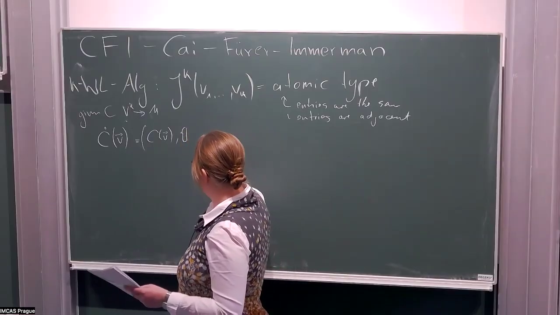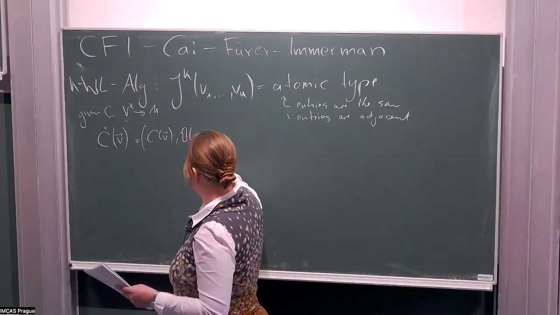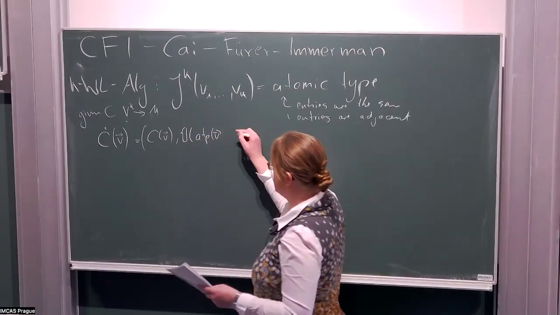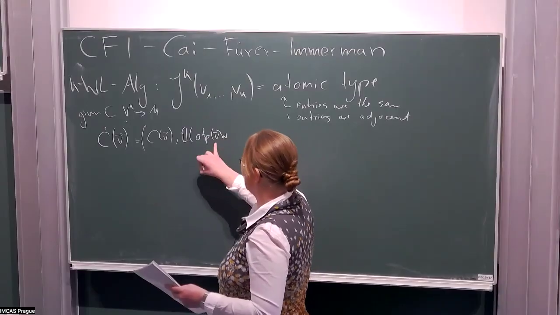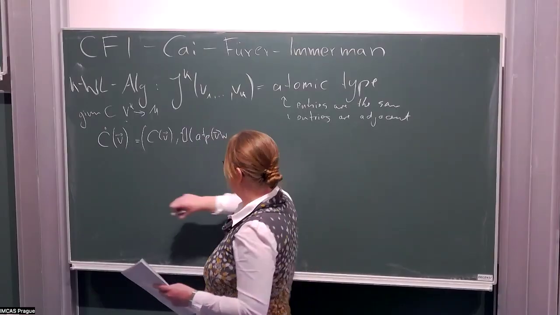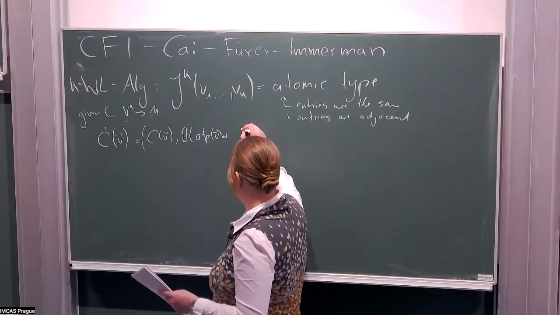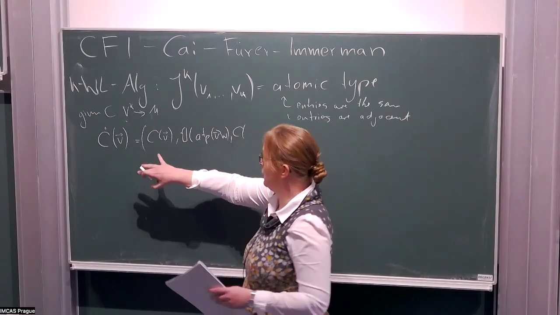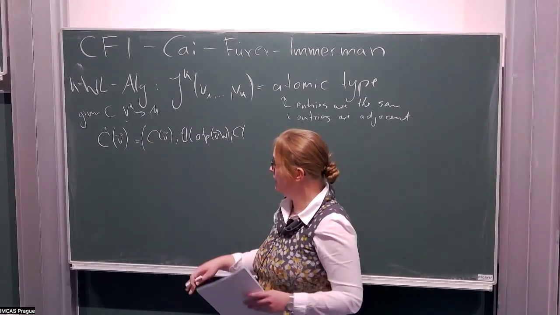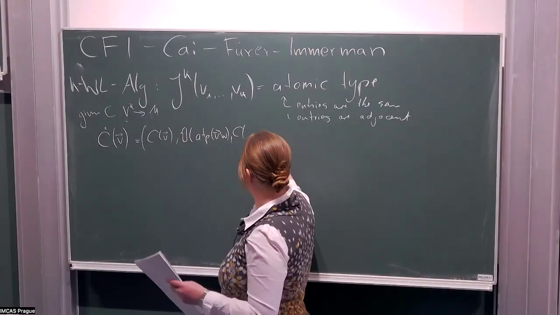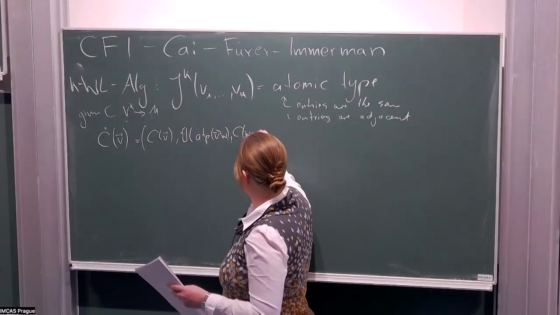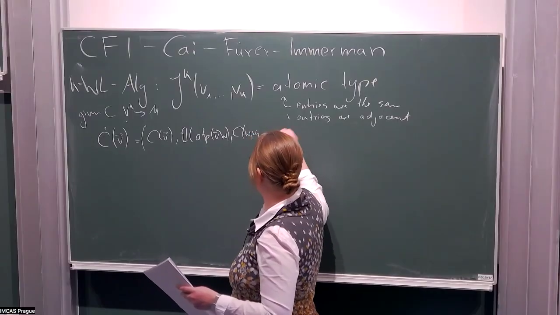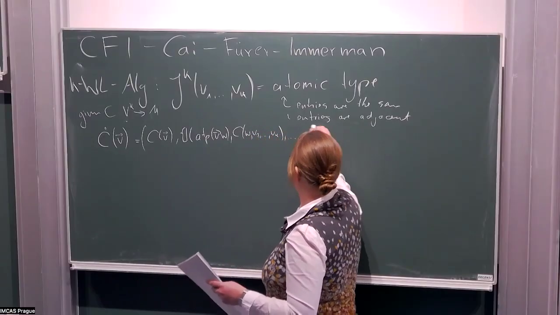This would be first the atomic type if we append some vertex W to the tuple v. And then we record all the colors where we one by one replace every entry of the tuple by W, so this would be W, v2, up to vk, and so on.